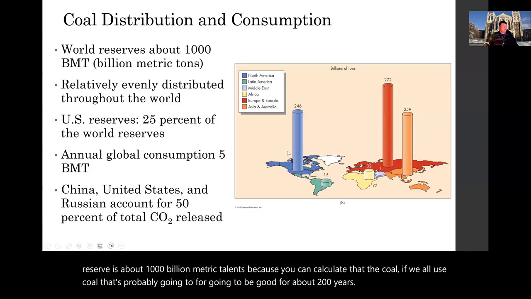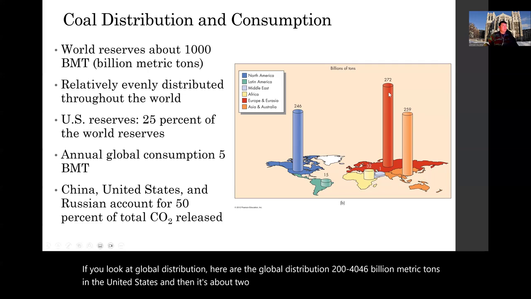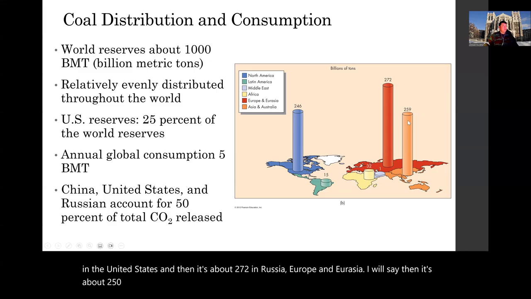If you look at the global distribution, there are 246 billion metric tons in the United States, about 272 in Russia, Europe, and Eurasia, and about 259 in Asia and Australia.